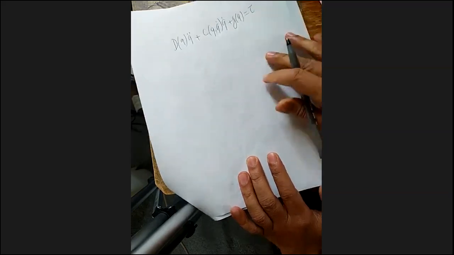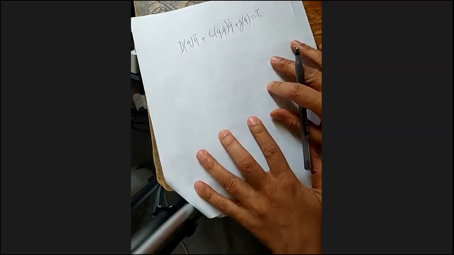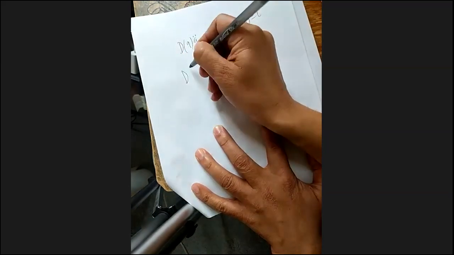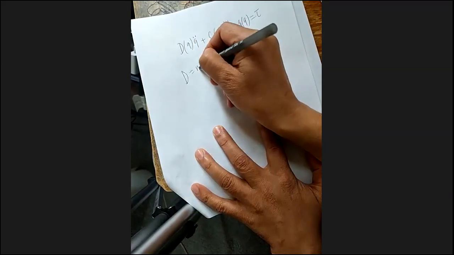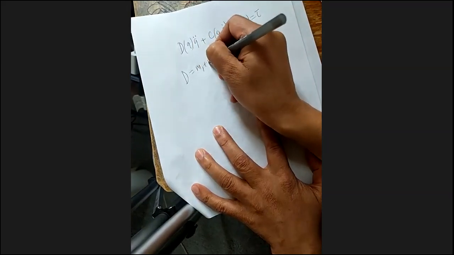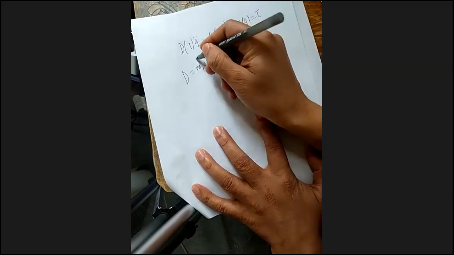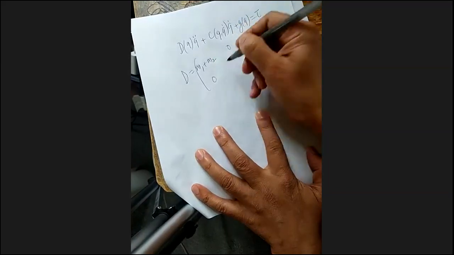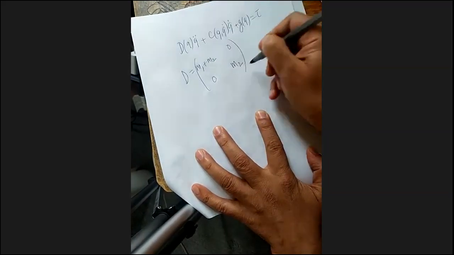That's my goal. We have to solve this equation. So what is your D(q)? You know the D, right? What is the D for this manipulator? Our D is m1 plus m2, 0, 0, m2. That's my D. D is done.